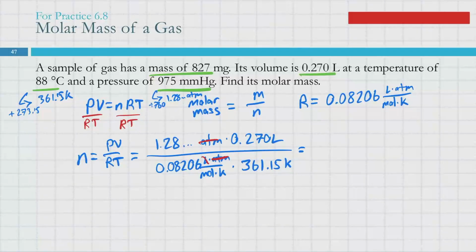A bunch of units cancel out. The moles is on the bottom, which is the multiplication division equivalent of a double negative. So this will give us moles. You should get 0.01168 and change moles.